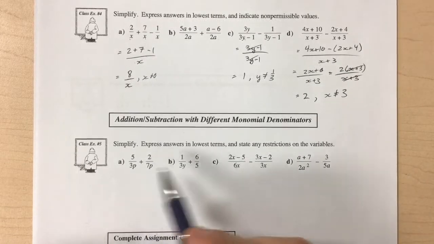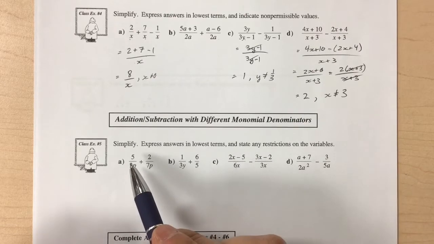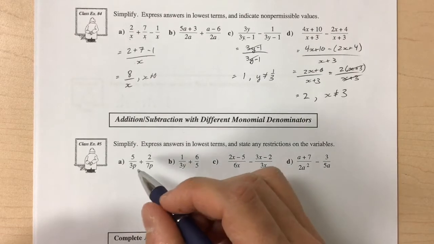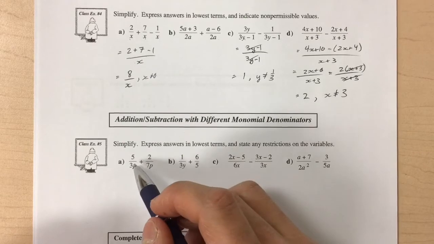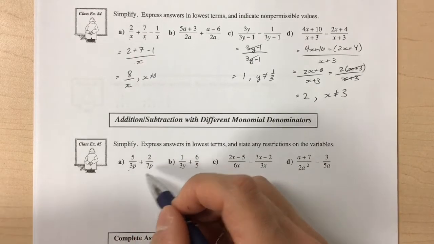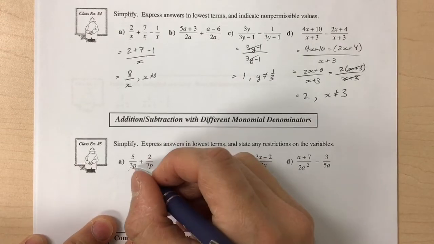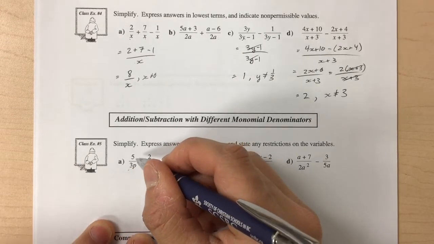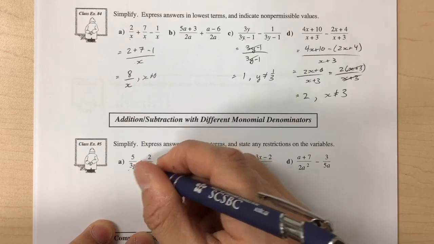I'll only do one of these examples, and so I'll do example A. Now, in this case, we have different monomial denominators. I have 3p and I have 7p. And so I want to find a common denominator between the two of these. And the common denominator I can find here is 21p.